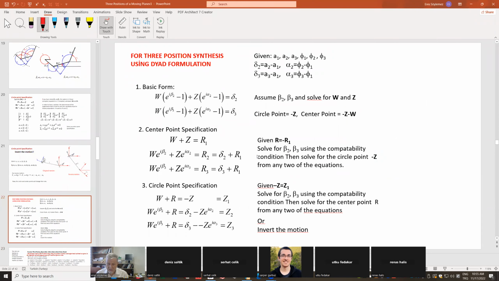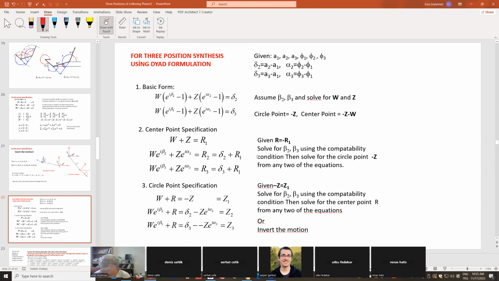Now, we have this dyad formulation. We have three different possibilities. One is the basic form. You are given the three positions, and you assume beta 2, beta 3, determine W and Z, from which you determine the circle point and center point.